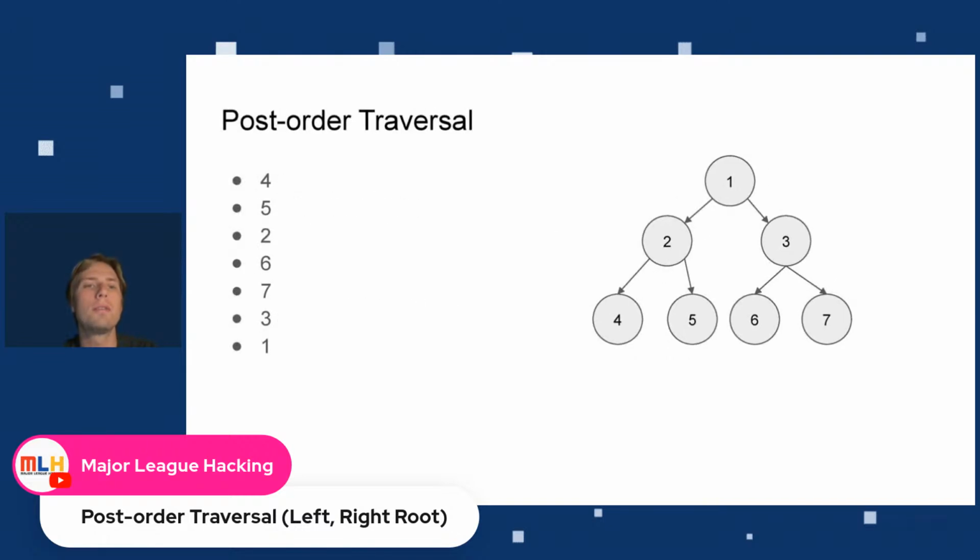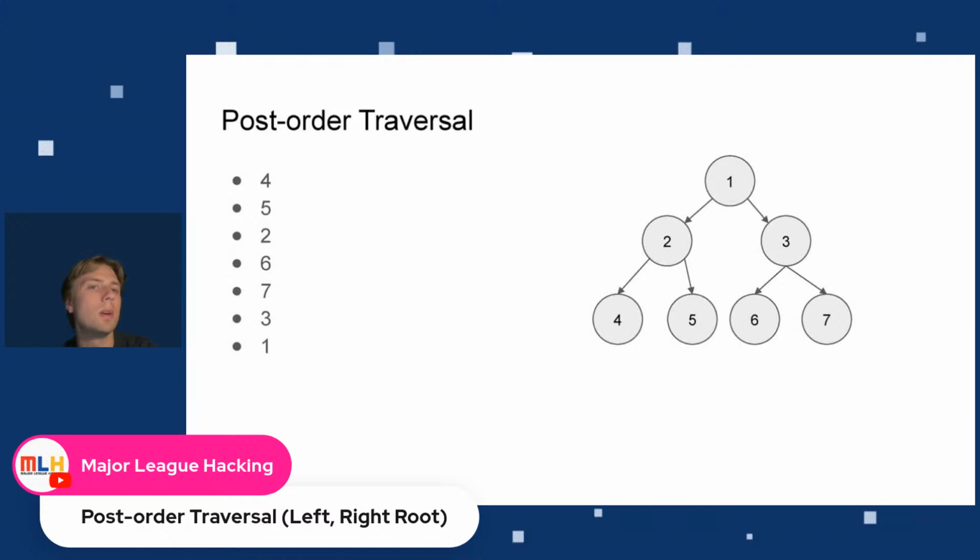So we start at 4, because remember, post-order traversal also starts at the leftmost node. So we go to 4, and then we go to 5, because that would be right. And then we go to root at the last. So 2 is then the root of these nodes.